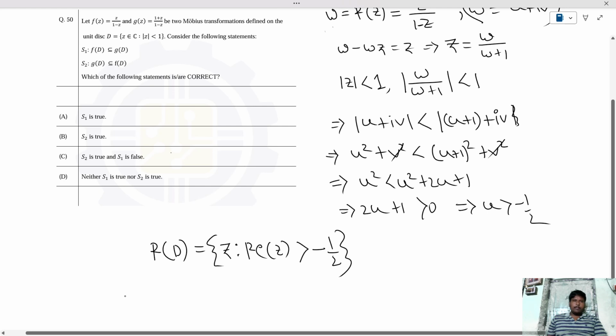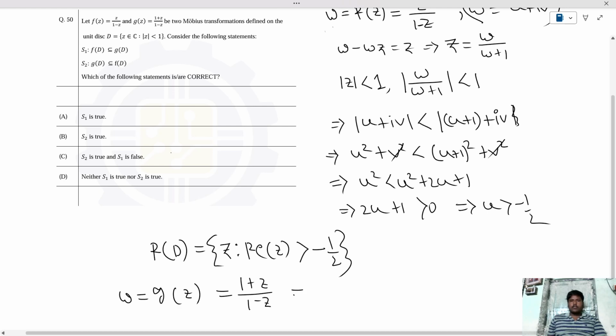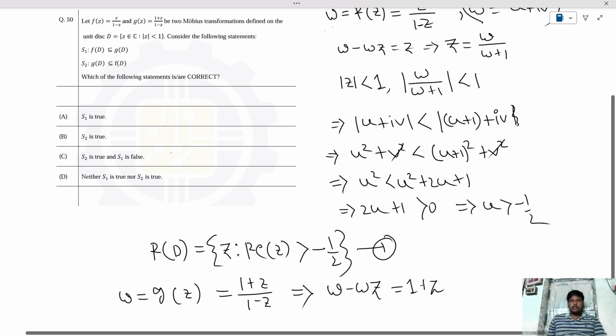Similarly for g(z), we let w equals g(z). What is g(z)? g(z) is 1 plus z by 1 minus z. So after cross multiplication, w minus wz equals 1 plus z.